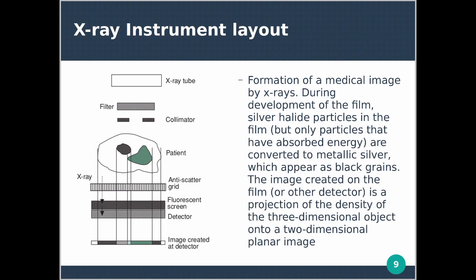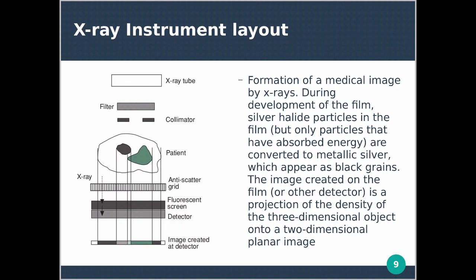Now this is the instrument layout of your X-ray. This is how you form X-ray images. You have silver halide particles in a film. These are the ones in the detector, and they absorb the energy from the X-ray. Different amounts of X-rays absorbed will form different shades of color.